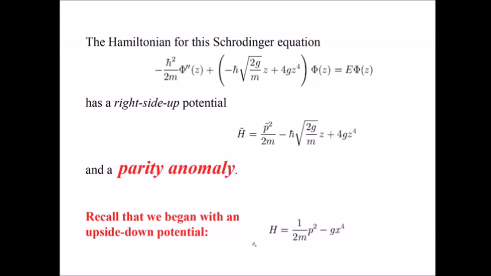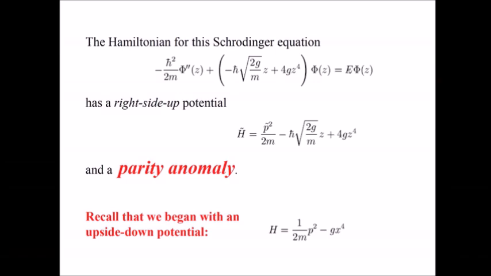Okay, so this upside down potential has exactly the same eigenvalues as this potential, and this potential is a conventional right side up potential. This is Hermitian. It has real energy levels, and these real energy levels equal these because it is the same E. E has never changed.